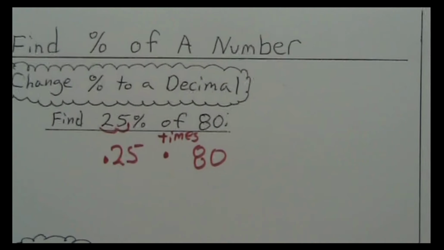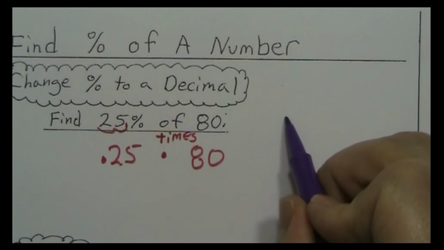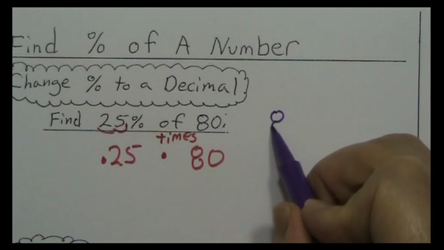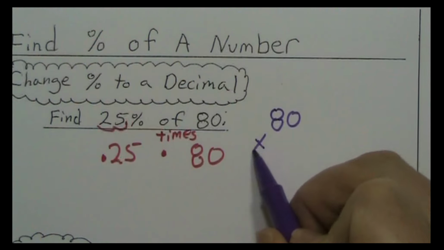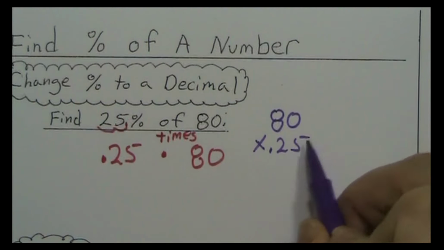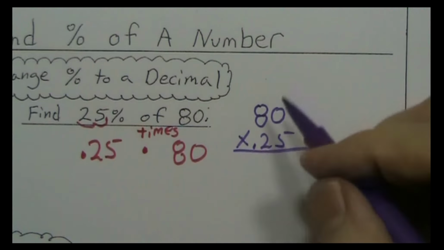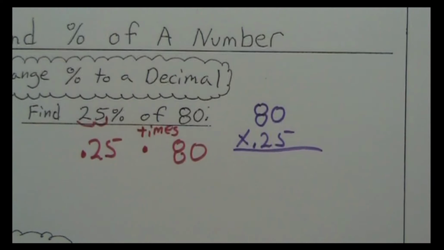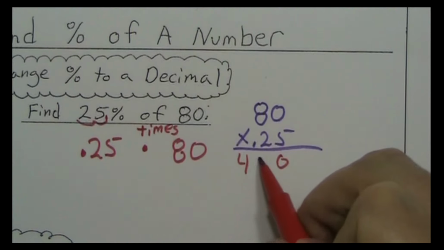I'll just do that to the side. We'll do it the long way. So we have the number 80 and times it by 0.25. Right? So let's see. 5 times 0, 5 times 8 is 40.